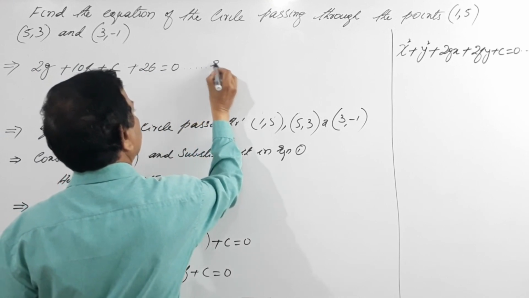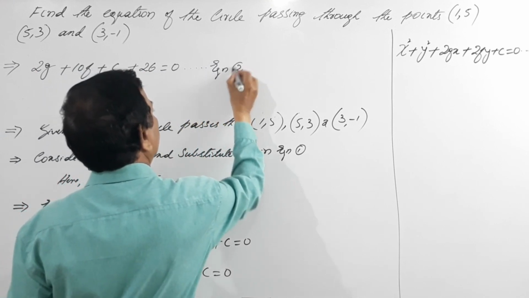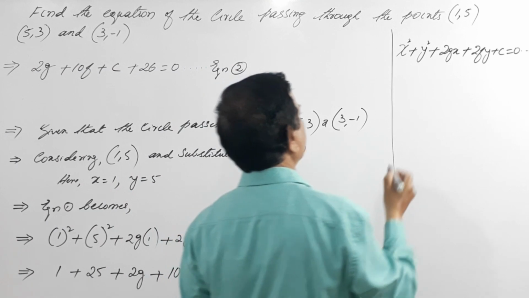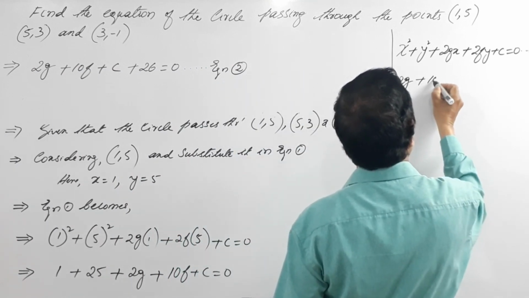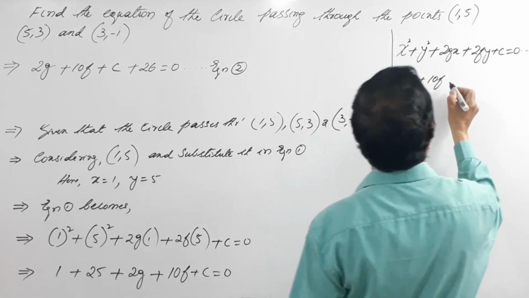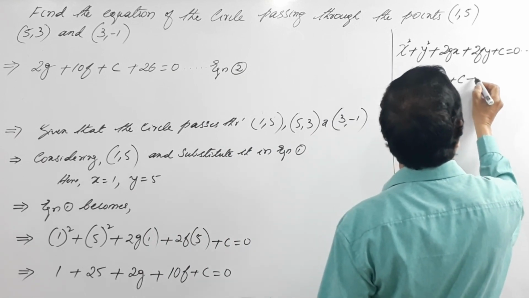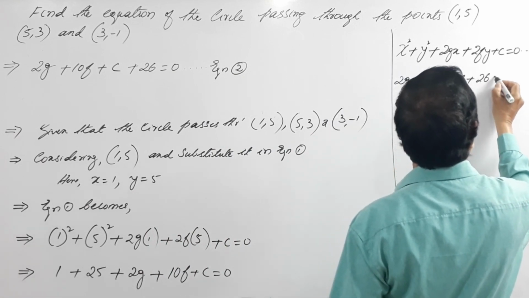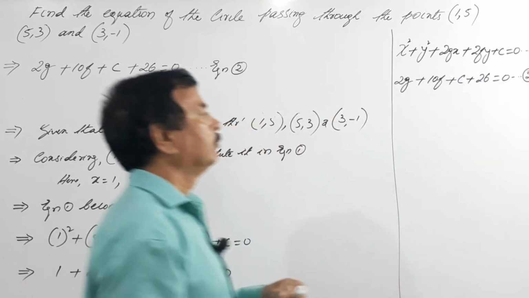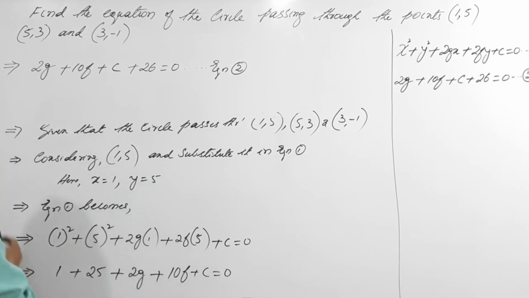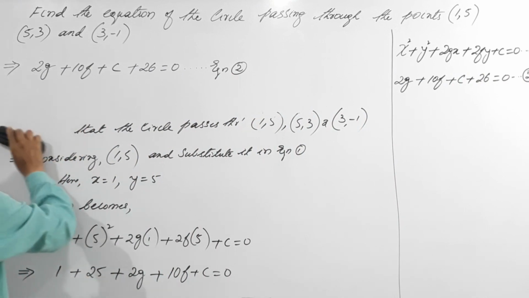I call this equation 2. That is 2g plus 10f plus c plus 26 equals to 0. This is equation 2. Done.